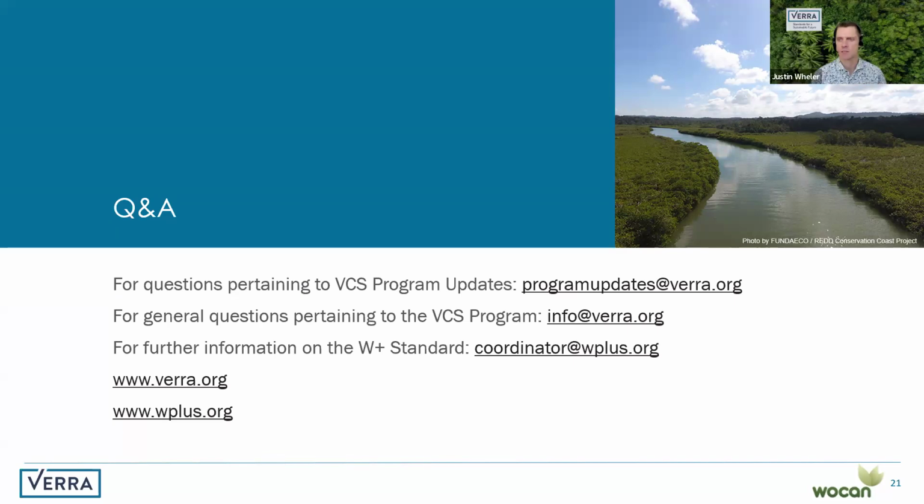And then the second part of that question was, as project developers, do we need to follow certification cycles separately? You're welcome to; I think Jeanette covered this in her comments maybe after the question was asked. You can have a separate period for the W+ certification if you wish, but you're welcome to align them.